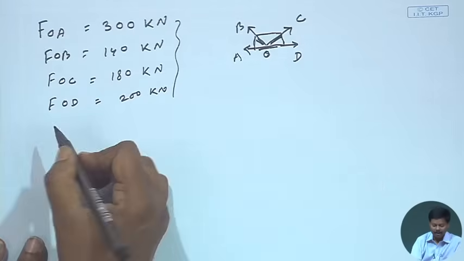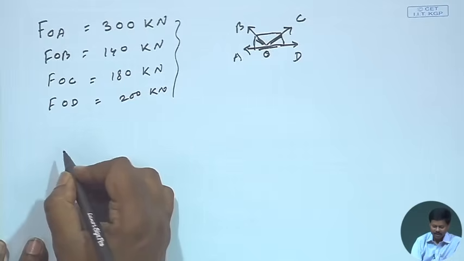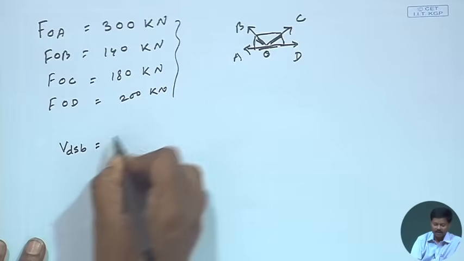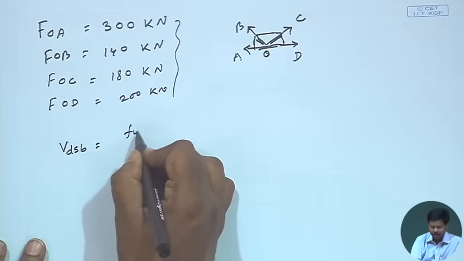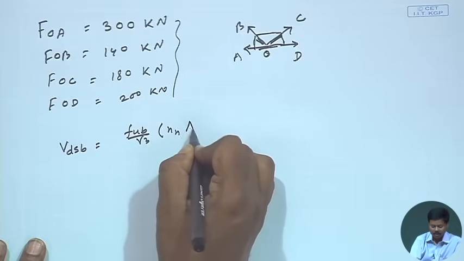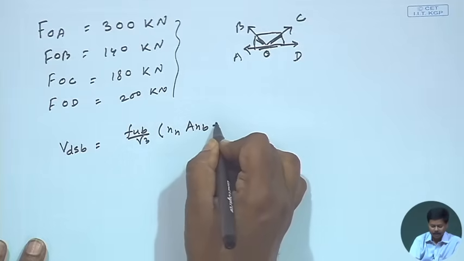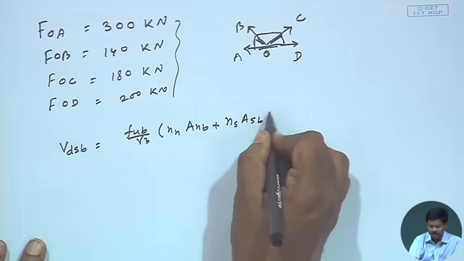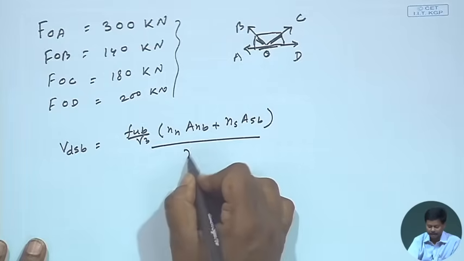Now, for M20 bolt, we can find out the design shear strength VDSB as FUB by root 3 into (NN ANB plus NS ASB) by gamma MB.